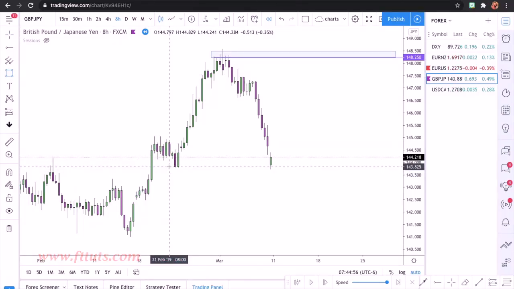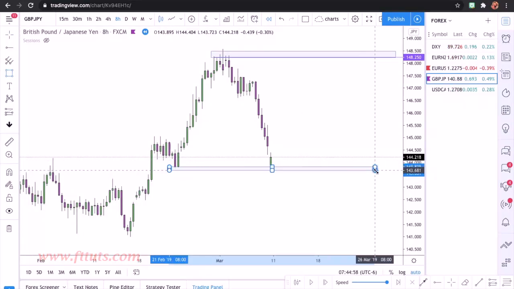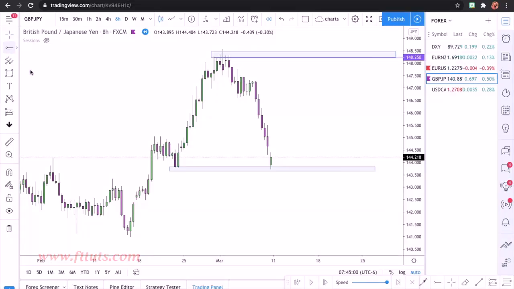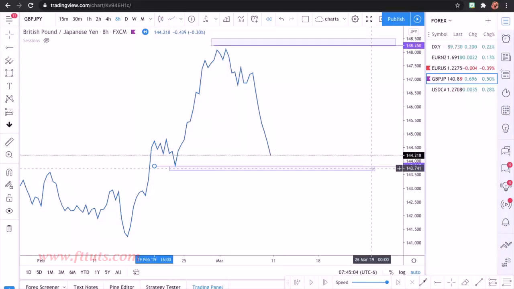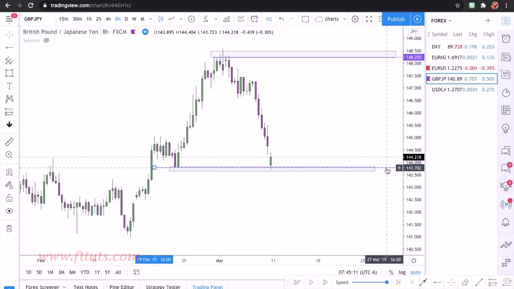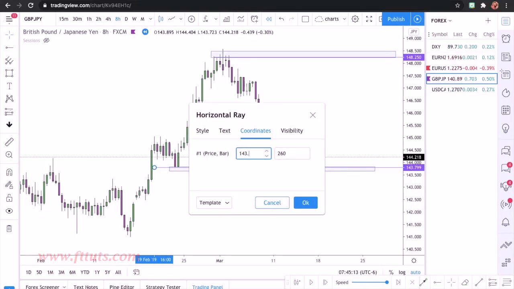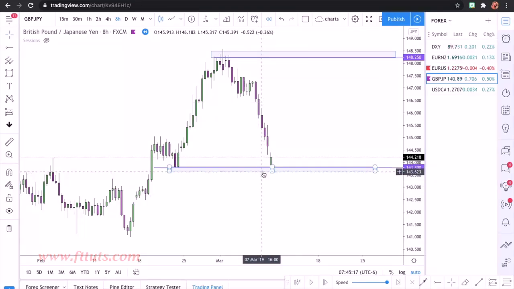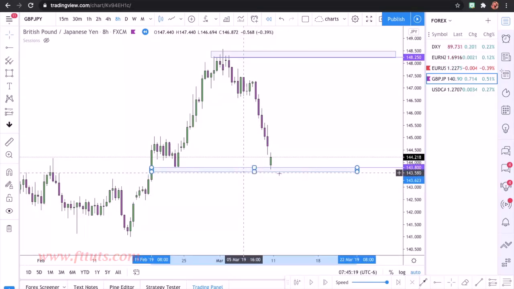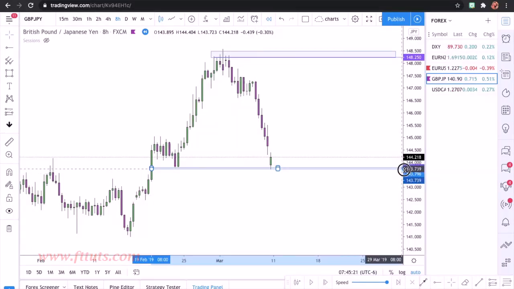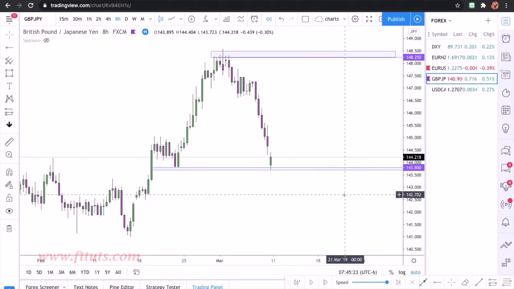So what I would do is take the horizontal ray tool, go to the line chart if you want to be completely accurate, just to be precise, and then 143,800. Okay, so this is our zone. This is all we need for now.